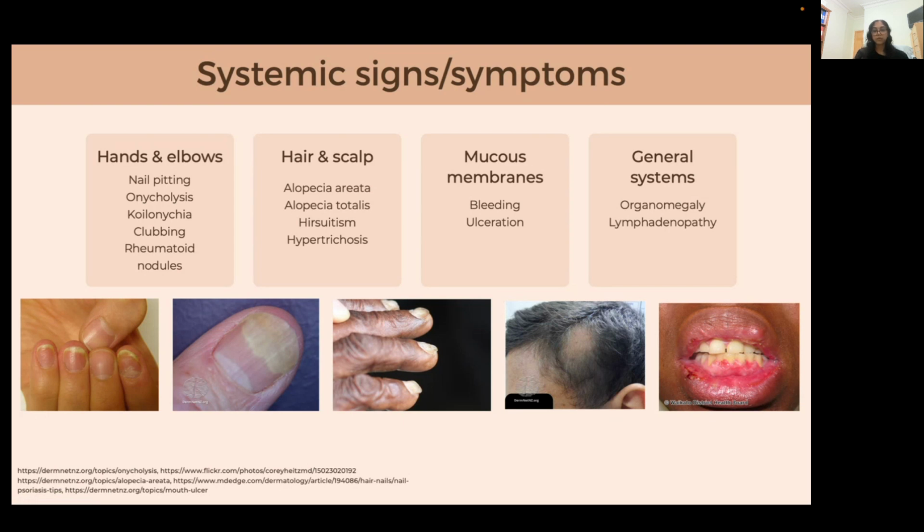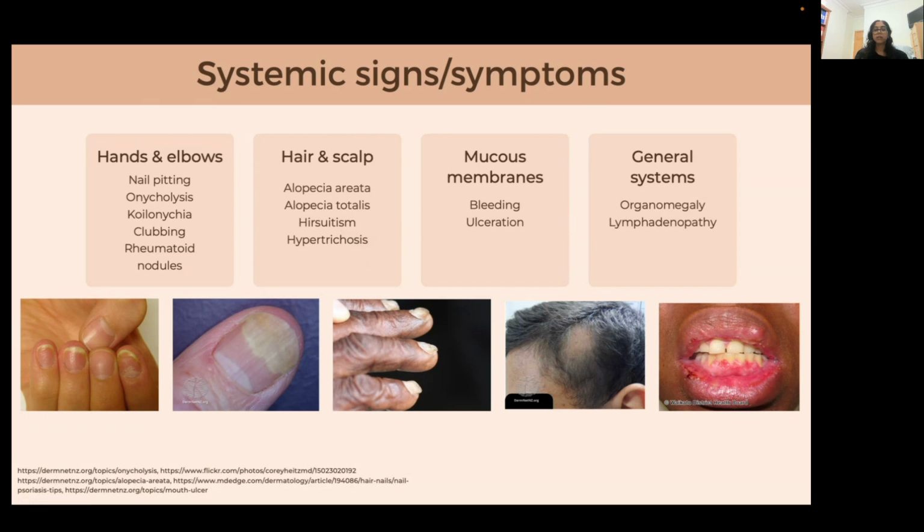Or hypertrichosis as well, which is also excess hair growth, but that's not related to hormonal changes, whereas hirsutism is. You want to look in the mucous membranes for any signs of bleeding or ulceration, and just a general systems review as well, looking for things like organomegaly and lymphadenopathy.